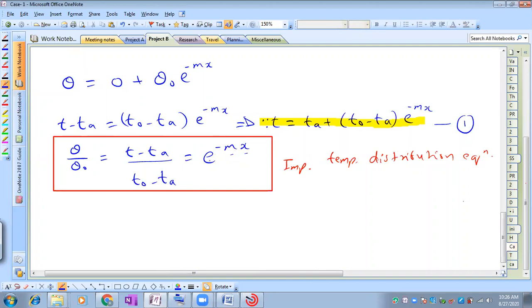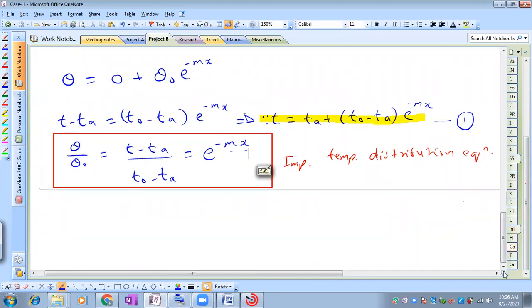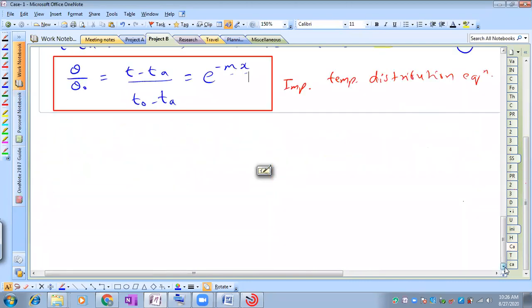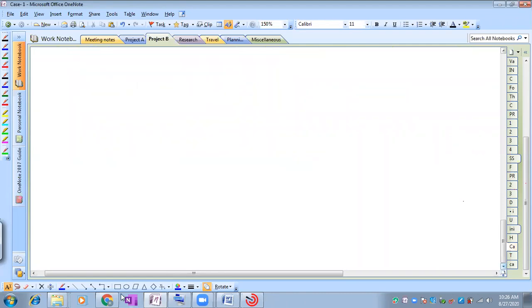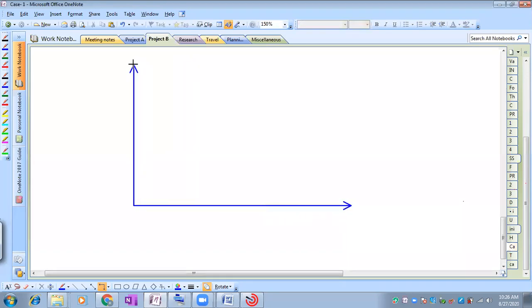So if I plot it on x and y axes, on the y axis I take the dimensionless temperature, T minus TA upon T0 minus TA, so this is your zero part.